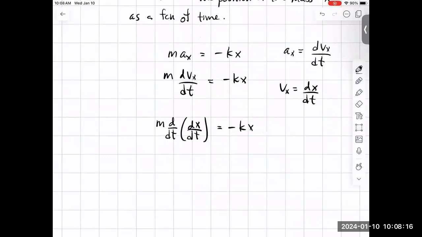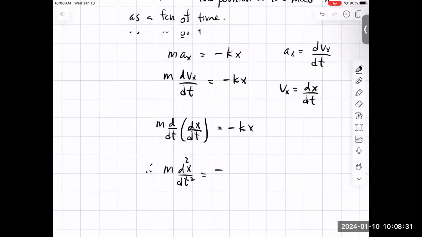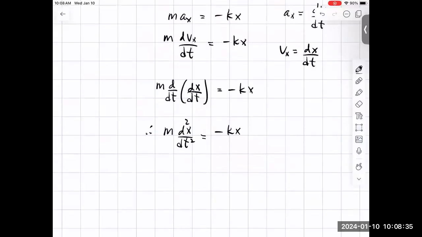And so, of course, instead of writing two first order derivatives, d/dt twice, we could say that's just the second derivative of position is minus kx. Or finally, the equation that I really wanted: two derivatives of position with respect to time is minus k over m times x.